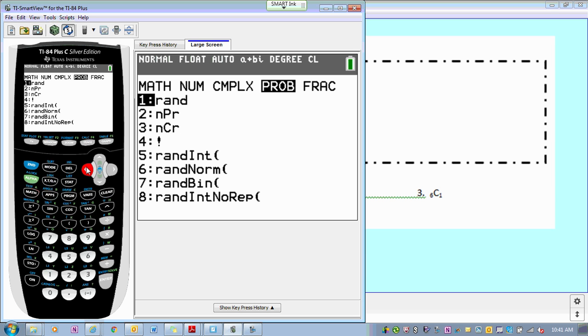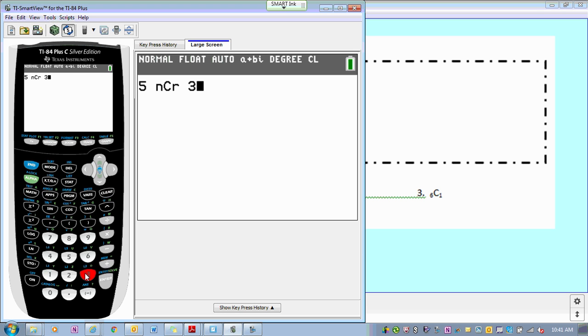You see how there's an nPr and an nCr? Which one do you need, P or C? C. So go to that third one there. 5, choose 2. And then hit enter. What'd you get? You should get 10. Alright?